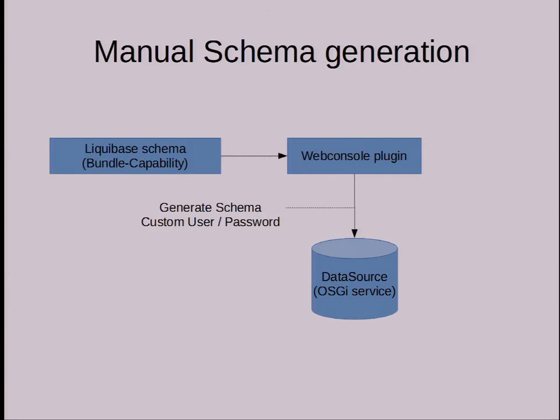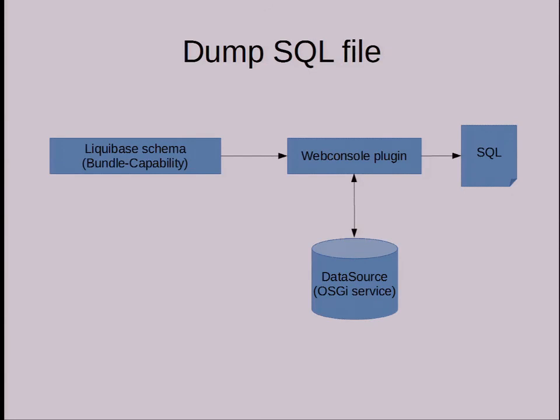You just choose one of your data sources, and you can call it with a custom username and password. And one more: in banks, sometimes you cannot even run SQLs anyhow. So just dump the SQL statement that should be run on the database, and then you give it to the DB admin, and maybe he will run it in a week or so.